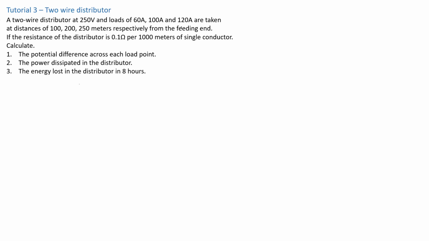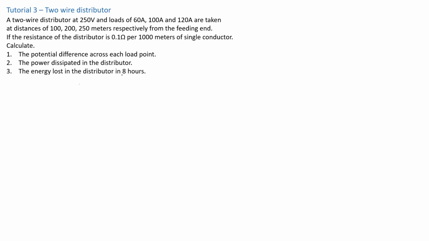So the feeding end is where the power is coming from. Now, if the resistance of the distributor is 0.1 ohm per 1000 meters of a single conductor, calculate the potential difference across each load point and also the power dissipated in the distributor, and finally the energy lost in the distributor in 8 hours, right?